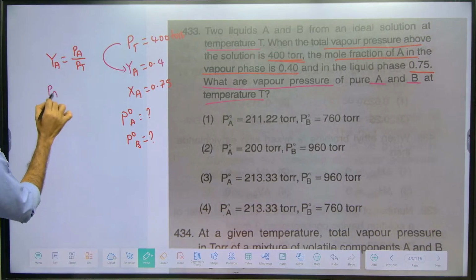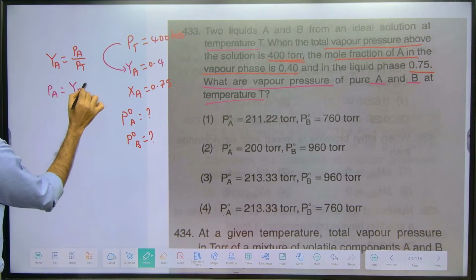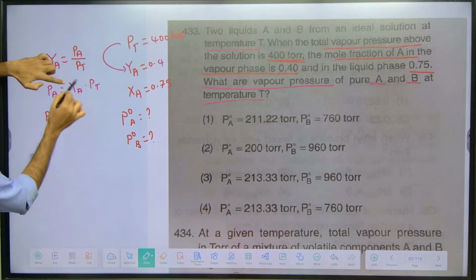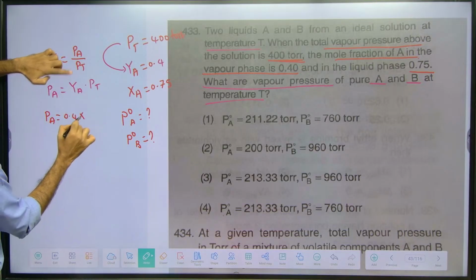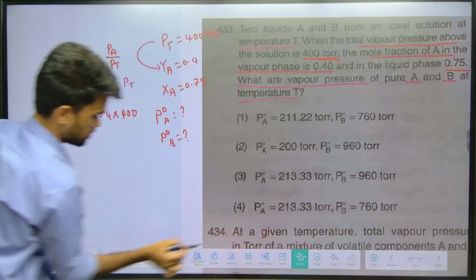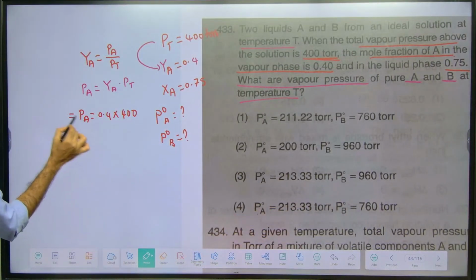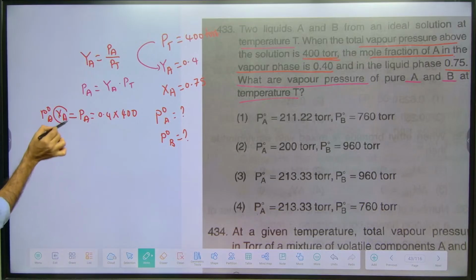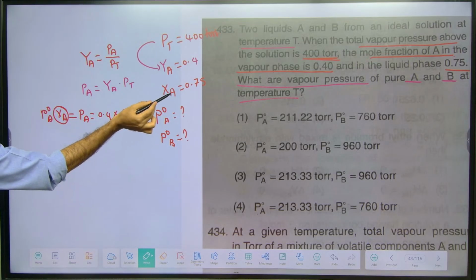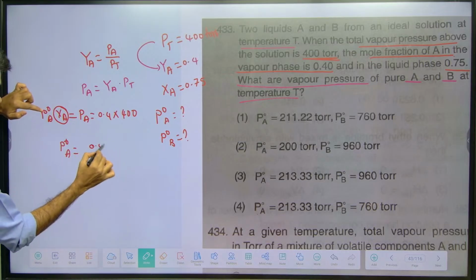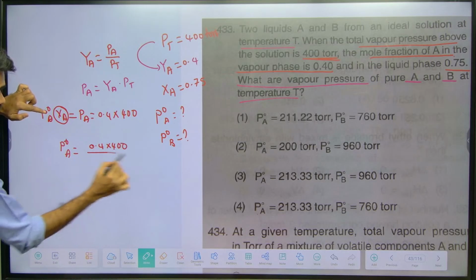From that, PA equals YA into PT. So PA means YA value 0.4, P total is 400. Again, PA means P naught A chi A. We know chi A also. From that, P naught A is equal to 0.4 into 400 by chi A.